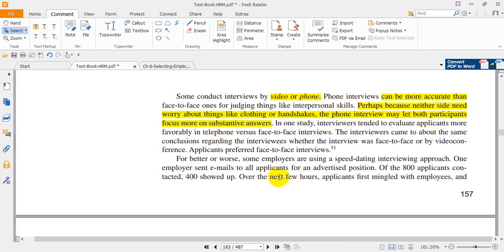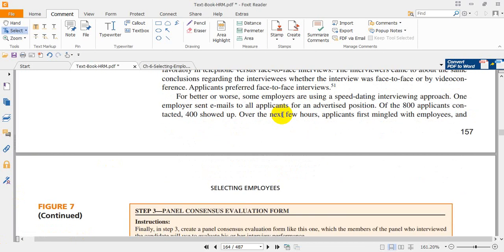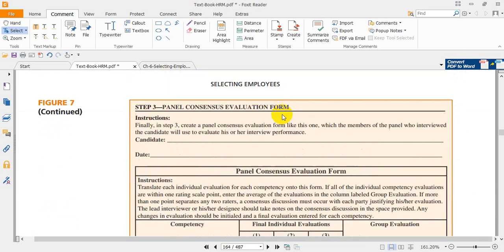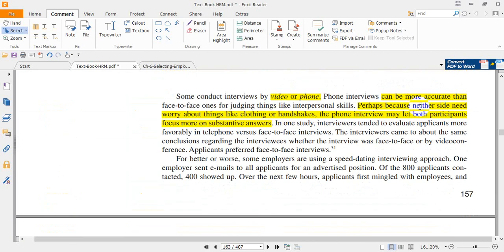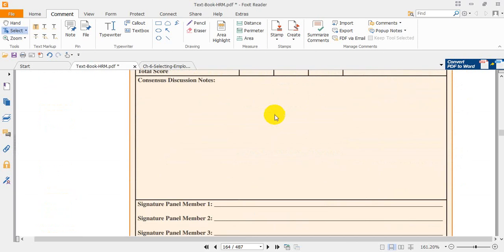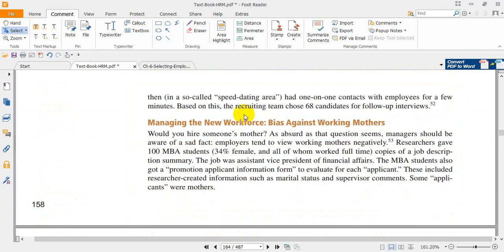Okay? So the phone or video interview can be more accurate than face-to-face interview because neither side need worry about things like clothing or handshakes. Okay.